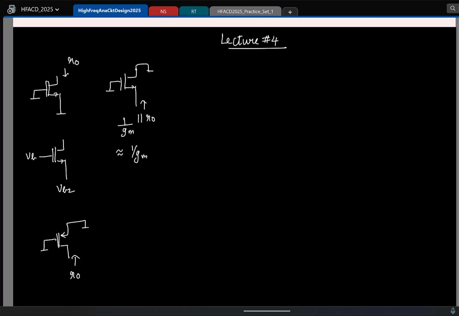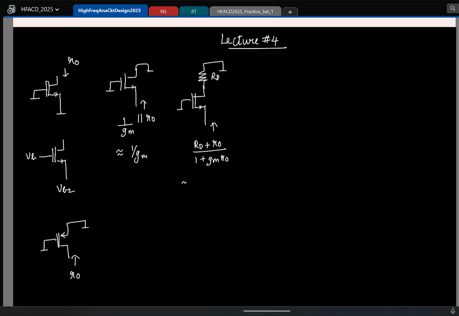So now let's say you have this setup, you have a resistor RD and gate is again incrementally short. So here what is the looking in resistance? This was something I asked you to work out. Does anyone remember the result? Yeah, it turns out to be this expression.